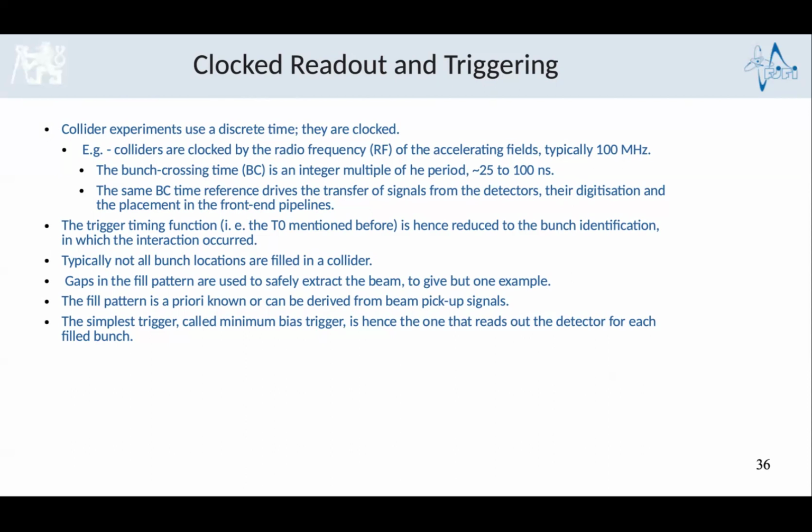And the detectors ideally should be able to process and get the information of the collision in that time window, to do the digitization and put all this information to the readout system.